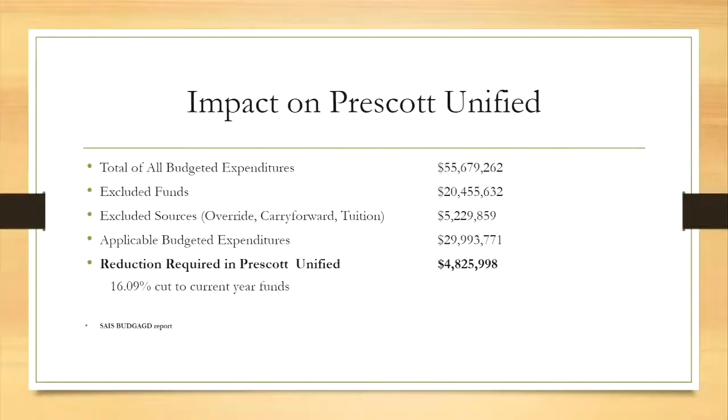That's what we budgeted, that's what we taxed for, and that's what we had allocated in the 1% sales tax increase for the 301. So unfortunately, we are held to the 16.09% reduction, which means we need to reduce our spending by 4.8 million.